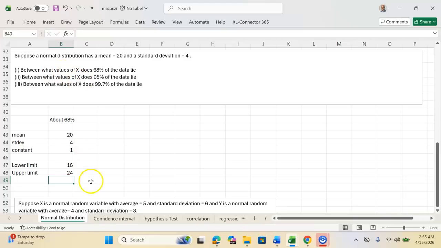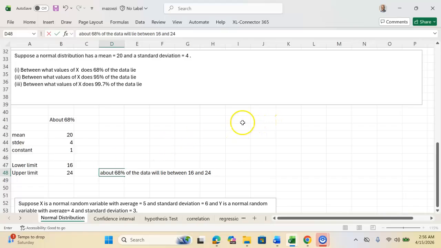So let me write here about 68% of the data will lie between the lower bound, which is 16, and 24.